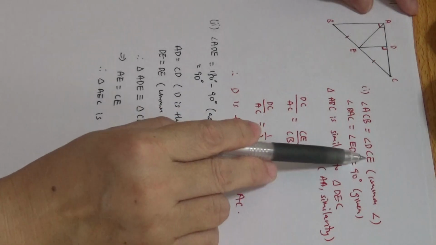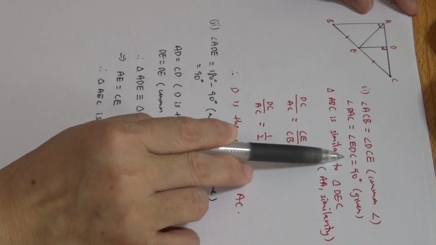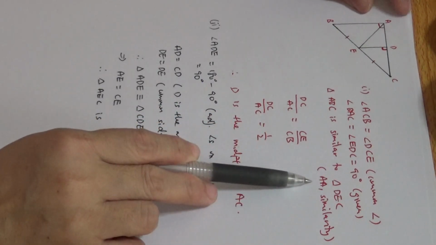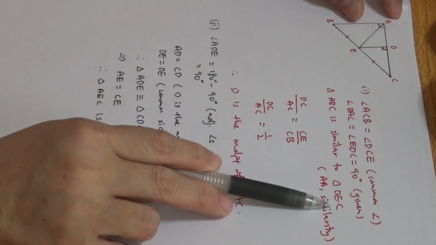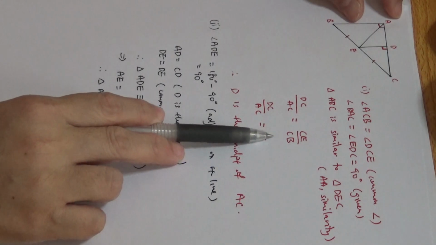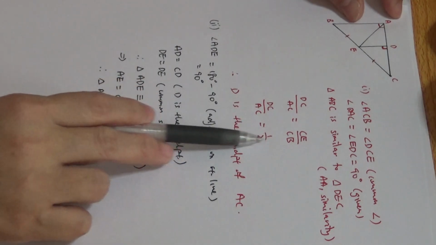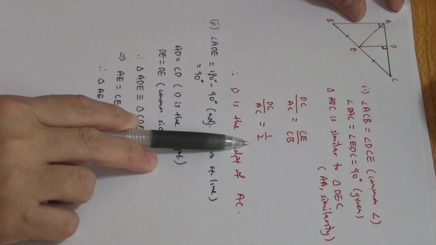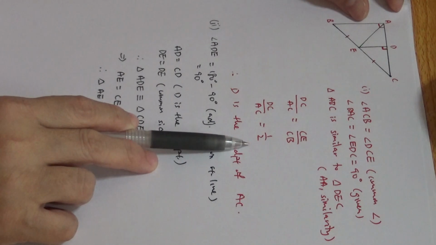You can see from this statement and this statement is the AA property. Because of this similarity statement, I can write these two. I know that DC over AC is half, because D is the midpoint of AC and also E is the midpoint of BC.